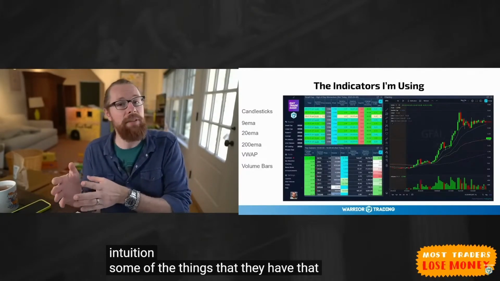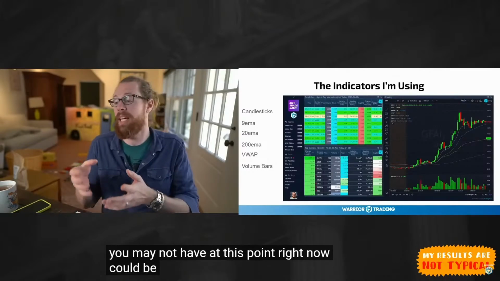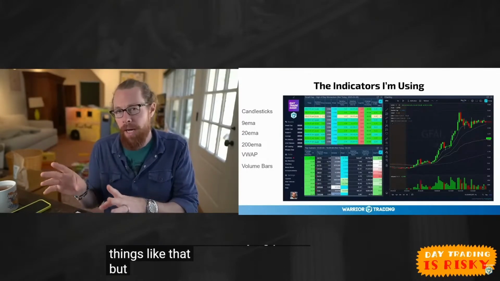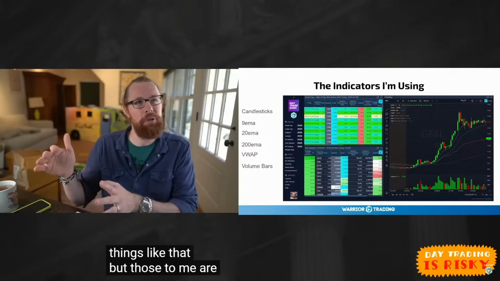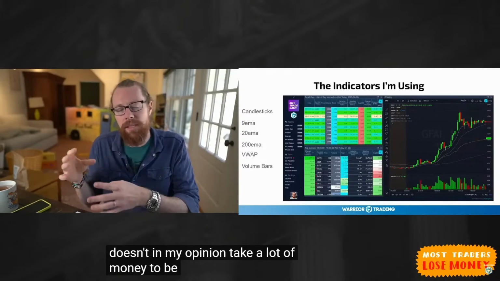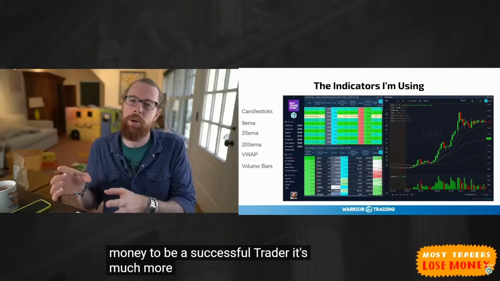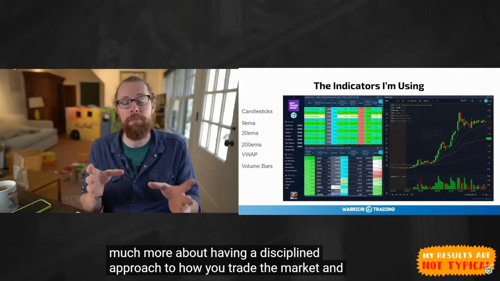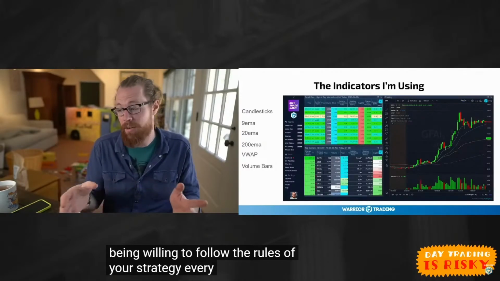Some of the things that they have that you may not have right now could be account size, buying power, things like that. But those to me are sort of secondary. It doesn't, in my opinion, take a lot of money to be a successful trader. It's much more about having a disciplined approach to how you trade the market and being willing to follow the rules of your strategy every single day.